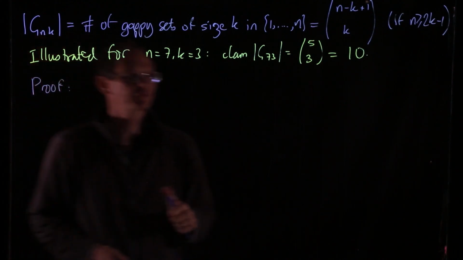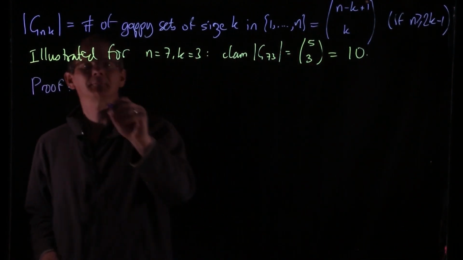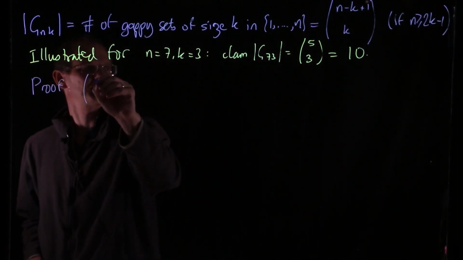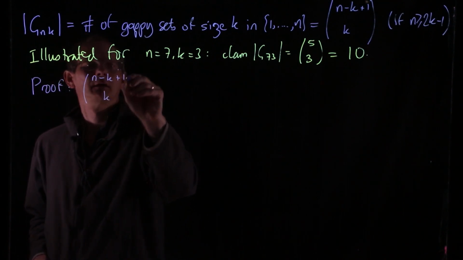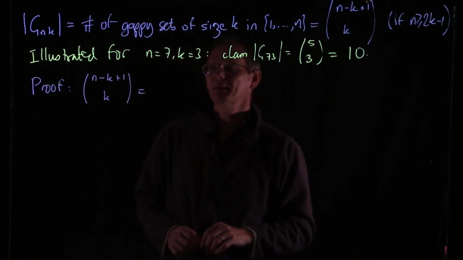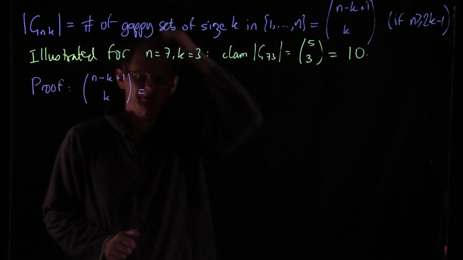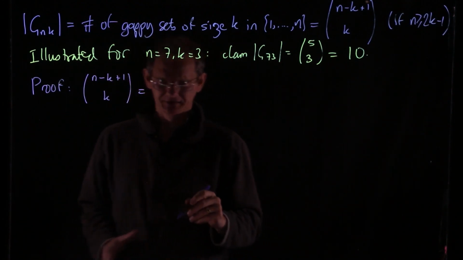So how does the proof of this result go? We ask: what's the combinatorial interpretation of this binomial coefficient? We could say that this is the number of subsets of size k in 1 up to n minus k plus 1, but we're going to use a slightly different, essentially the same, interpretation.